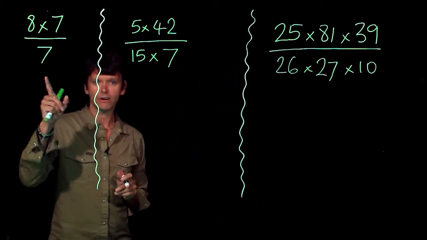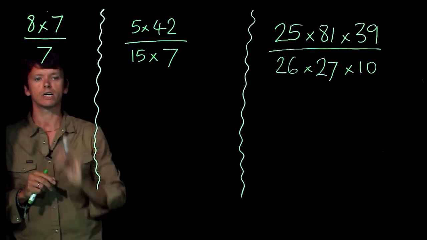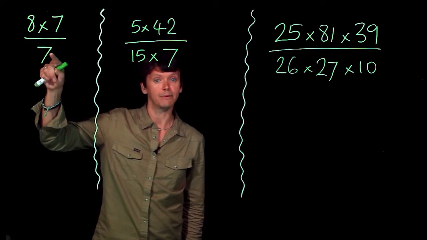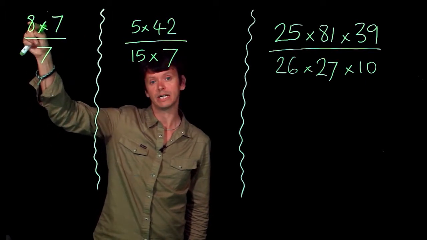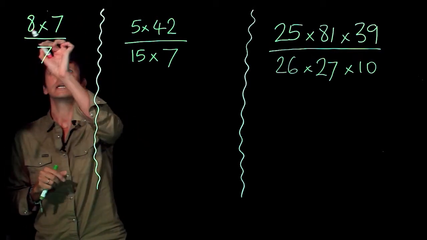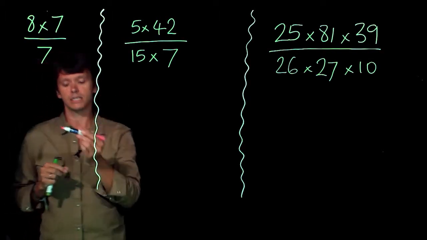Let's have a look at a very straightforward one just to see how it works. 8 multiplied by 7 divided by 7. Any number multiplied by a number divided by the same number is going to take you back to where you started. So let's have a look at why. This is a fraction essentially, and we have a 7 in the numerator and a 7 in the denominator.